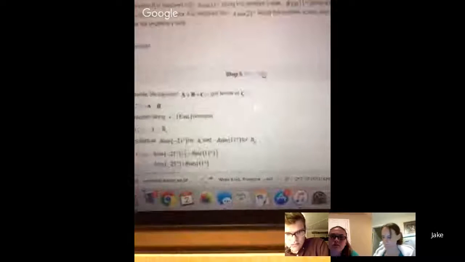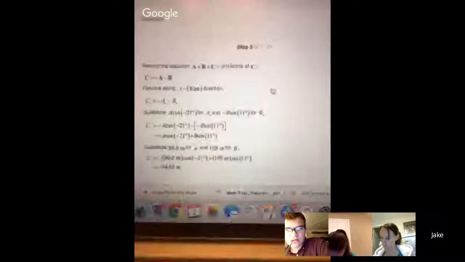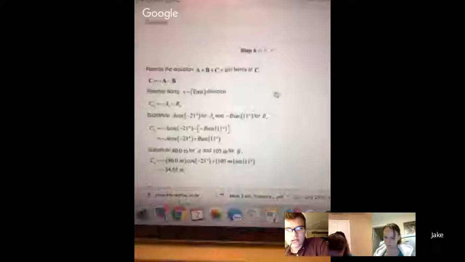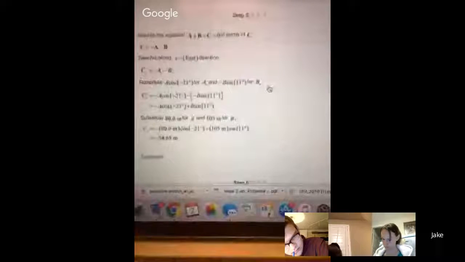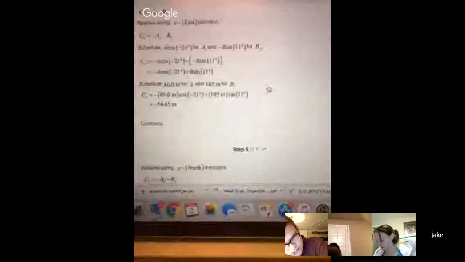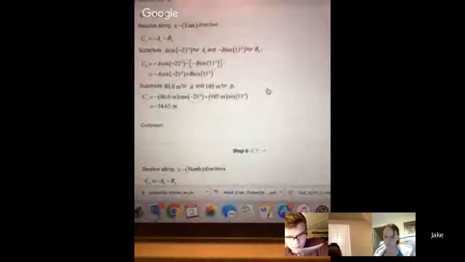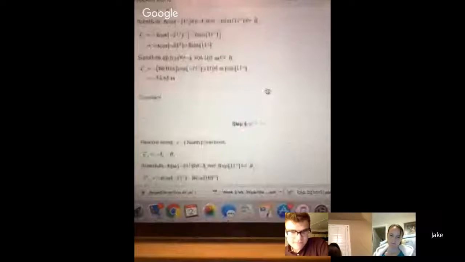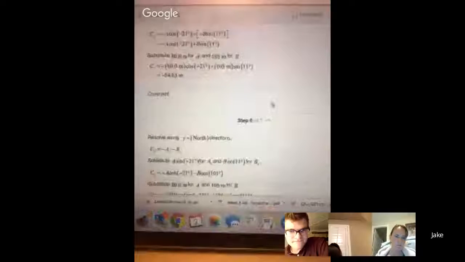And then from there, you just plug in CX equals negative A minus B X. So you plug in your cosine and sine, and then your 80 meters for side A and for side B. That gives you negative 54.65 meters for CX.